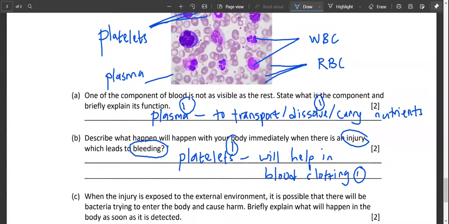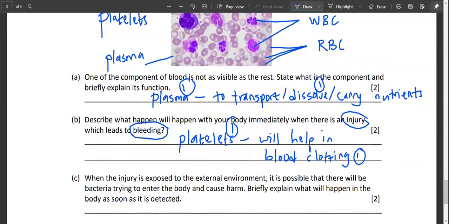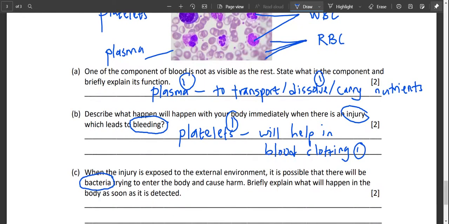Last but not least, C. When the injury is exposed to the external environment, it is possible there will be bacteria. So the keyword there is bacteria trying to enter the body to cause harm. What will happen in the body as soon as it's detected?